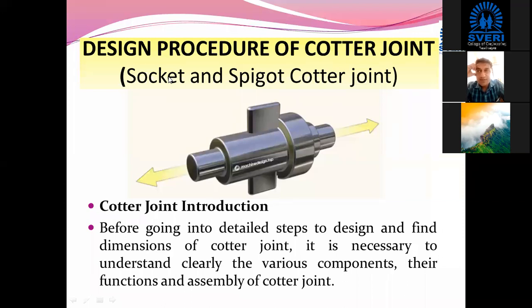So let's see first of all what are the different parts involved in such a joint. We are concentrating on the socket and spigot joint. Here three words are used: one is socket, second is spigot, and third is quarter. Joint is used for connecting two different parts.